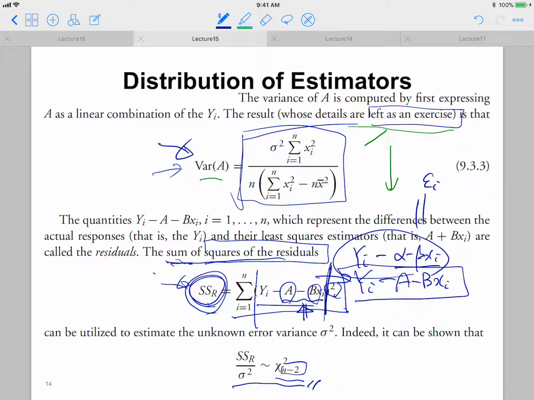Altogether, if we take the square root of it and divide it by A minus alpha, we are doing a kind of standardization, making zero mean and unit variance, or the standard deviation as 1.